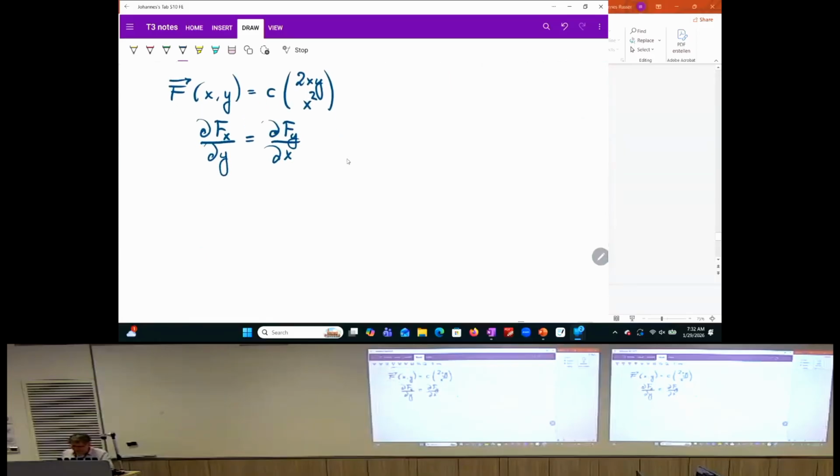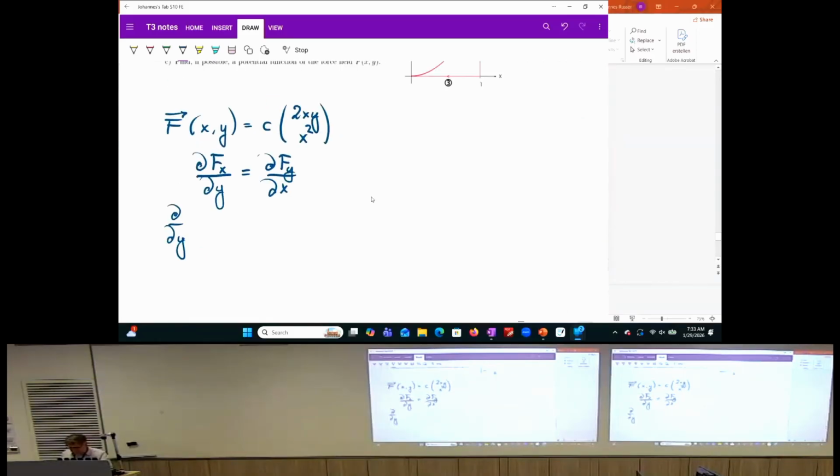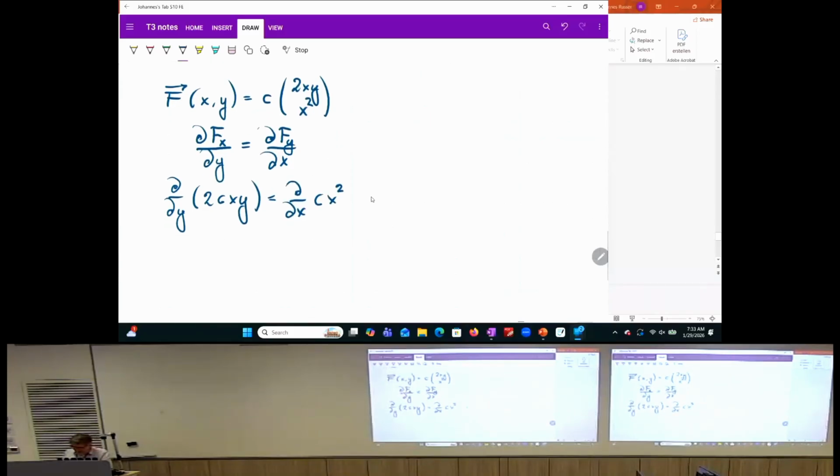The x component is 2cxy, and the y component is cx squared. Let's take the derivative. This is 2cx, and this is 2cx. Oh yeah, that is nice. So yes, F is conservative. It would otherwise also be quite a pity, because then it wouldn't be nice to proceed with this problem.